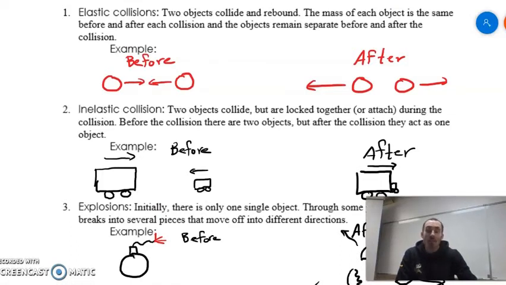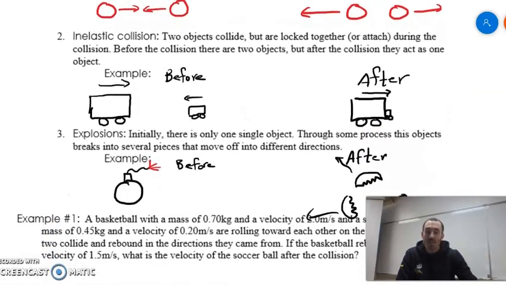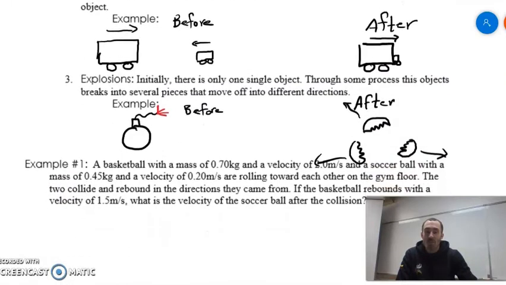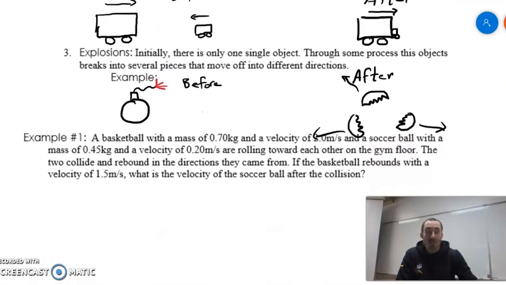You started off with more than one object and ended up with more than one object. Inelastic, you started out with two objects or more and they become one, and the explosions one, you started off with one object and it becomes multiple. Okay, but again, it's a gray area. Usually collisions don't perfectly fit into any of those.